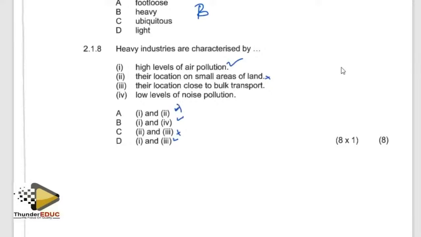So that means we eliminate this. And this one is already eliminated. So what are we remaining with? With D and B. So if it's D and B, let's go to the next one. This one says their location close to bulky transport. That is true. And low levels of noise pollution. No, they have high level of noise pollution. So it should be 2 and 3. 2 and 3 is D.